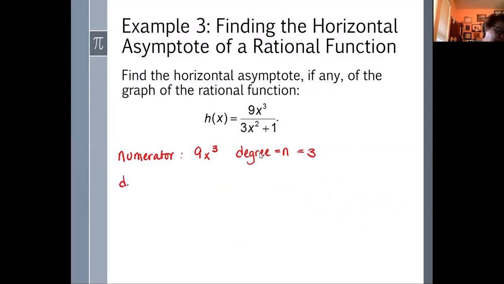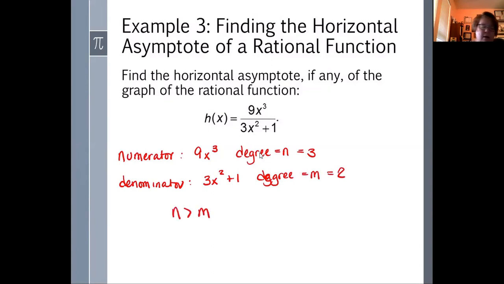Now let's look at our denominator, which is 3x squared plus 1. The degree of our denominator, which we call m, is 2. And if the degree of the numerator is larger than the degree of the denominator, which it is, 3 is bigger than 2, then there is no horizontal asymptote.